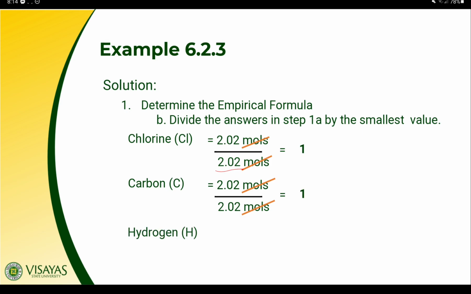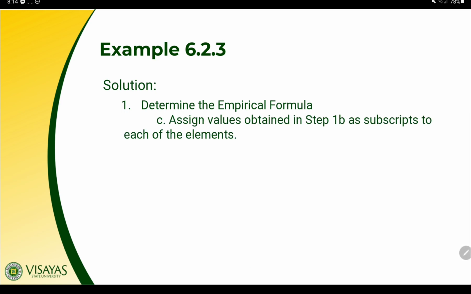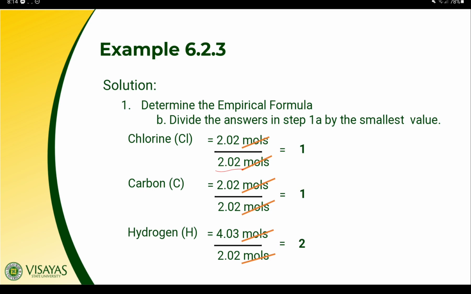For hydrogen, the mole we computed is 4.03 divided by 2.02, we get 2. So what do we do with those values? We assign these values as subscripts to each of the elements. For chlorine we have 1, for carbon we have 1, and for hydrogen we have 2.